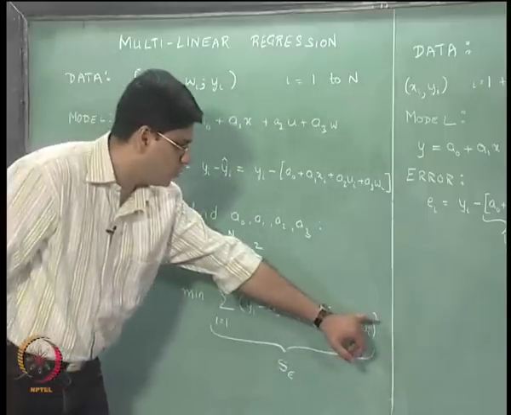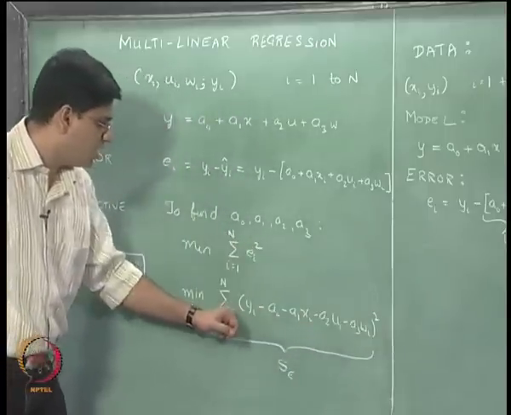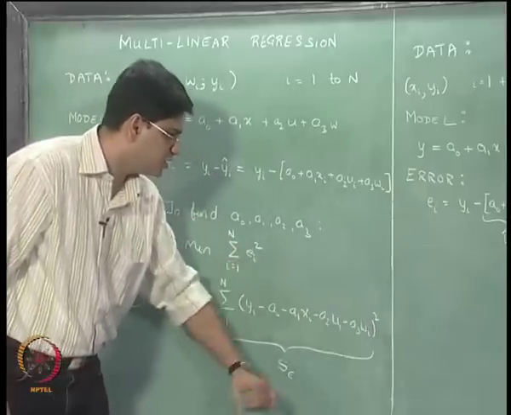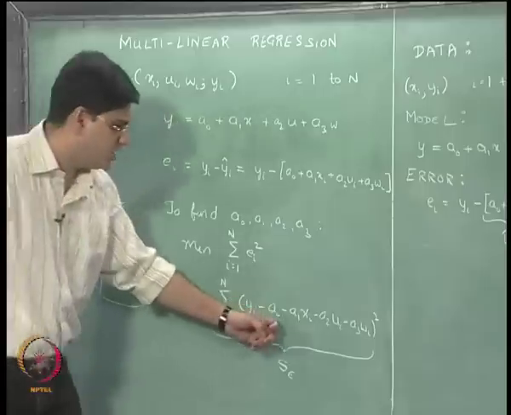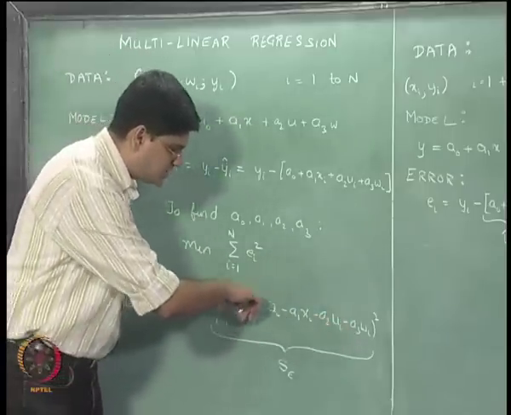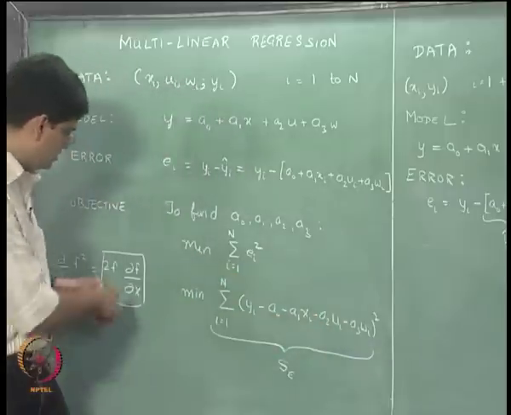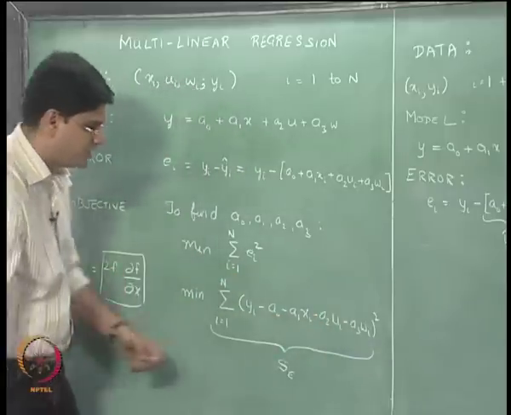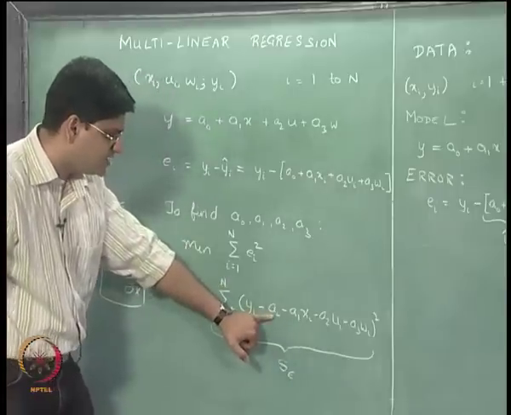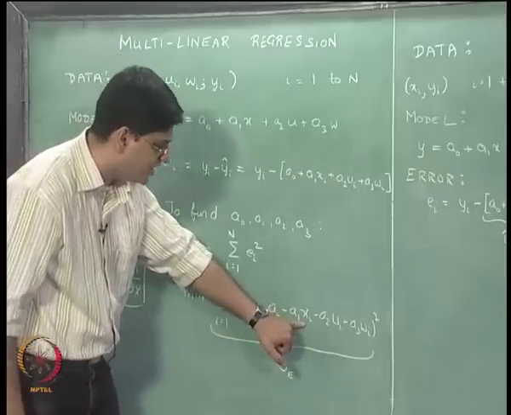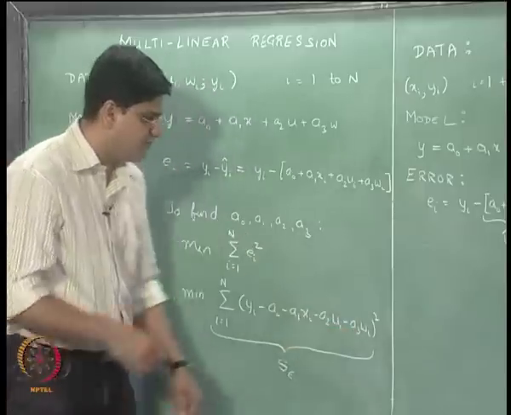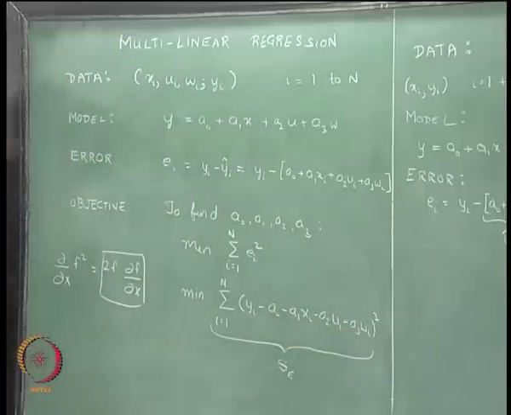So we will use essentially this property in order to simplify our life. So what we will get over here is the derivative of this particular term with respect to A0 or A1 or A2 or A3 is going to be nothing but twice f multiplied by df by dx. df by dA0 is minus 1, df by dA1 is minus xi, df by dA2 is minus ui, and df by dA3 is minus wi.